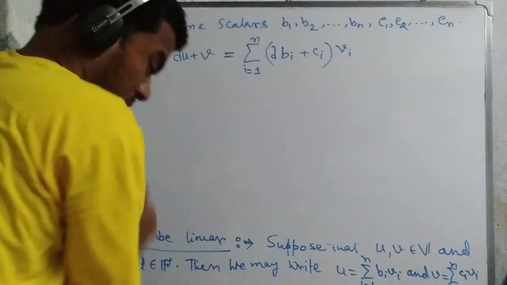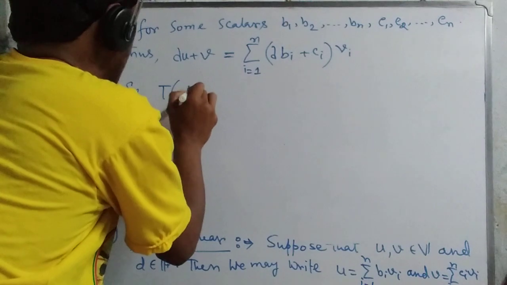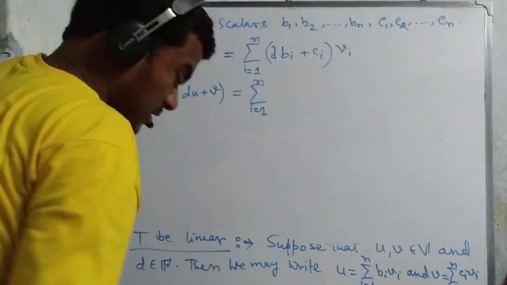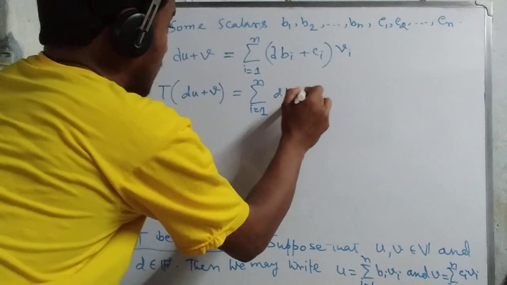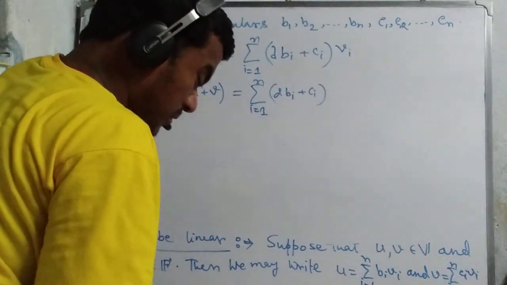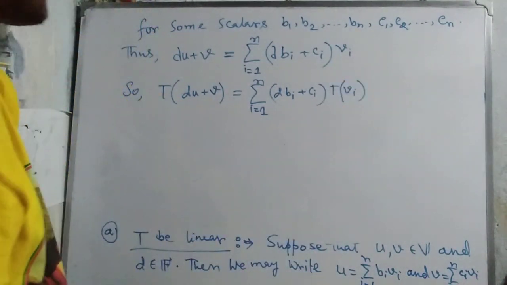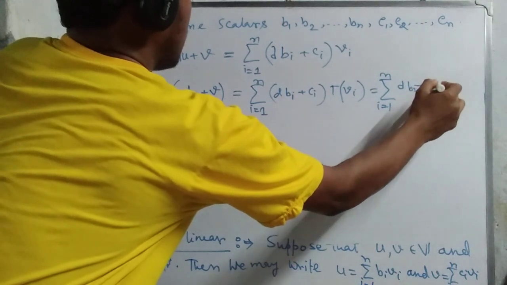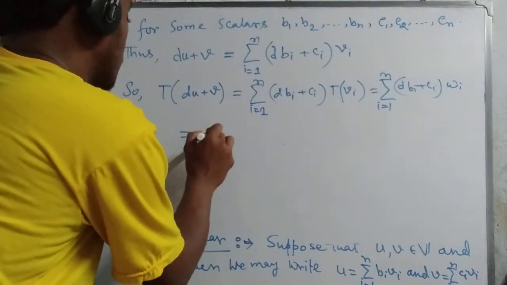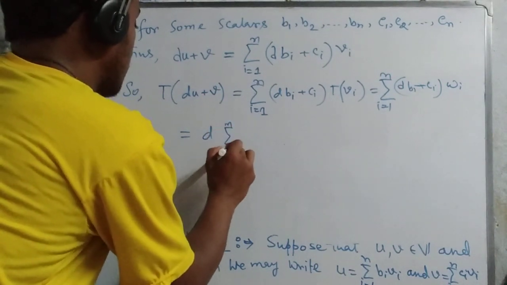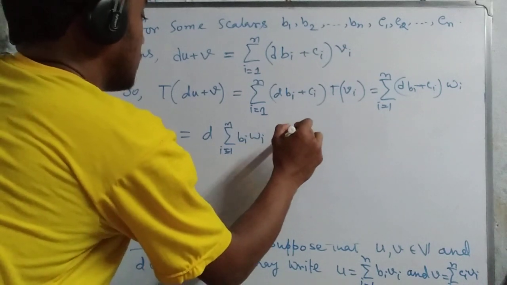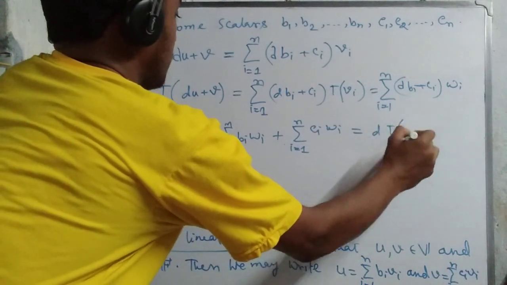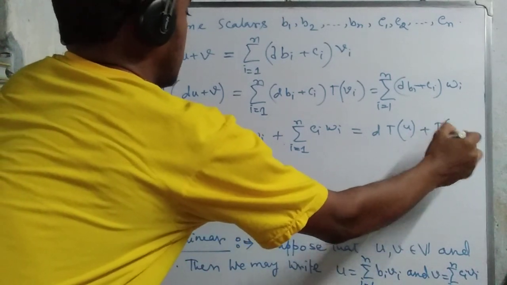So T of du plus v equals the summation of (d bi plus ci) T of vi, that is wi. This equals d times the summation of bi wi plus the summation of ci wi, which equals d T of u plus T of v.